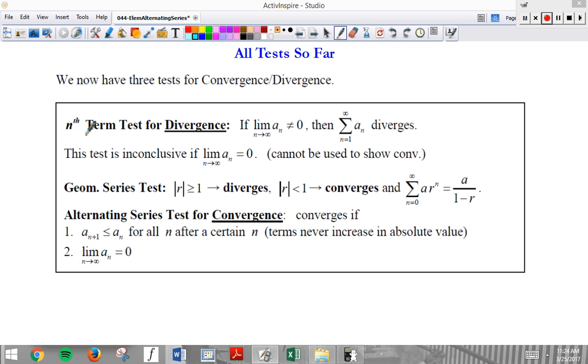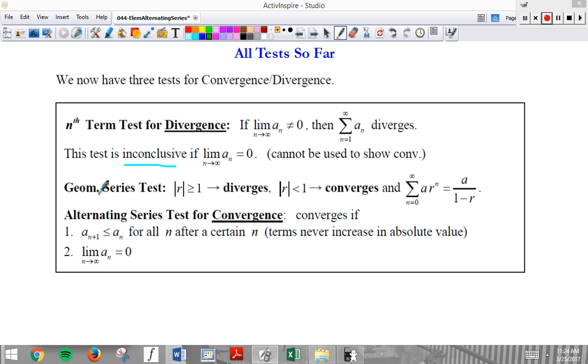So here you go. We have the nth term test for divergence. If the limit's not 0, then the series diverges. It's inconclusive if the limit is 0. Okay? It's just inconclusive. Does not show a convergence. You never say it converges by the nth term test.